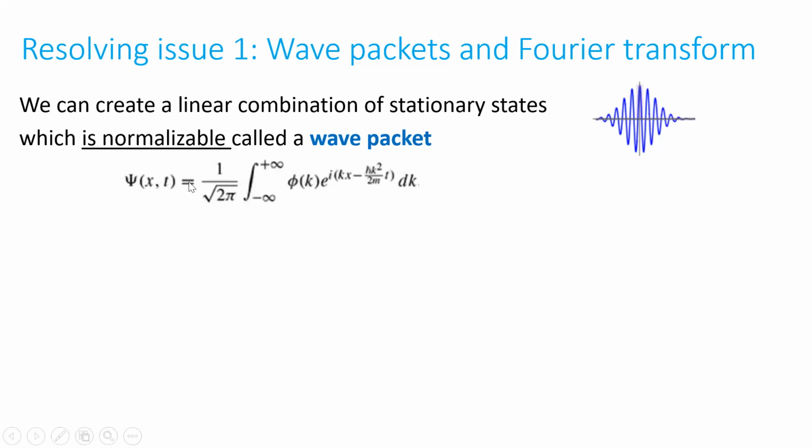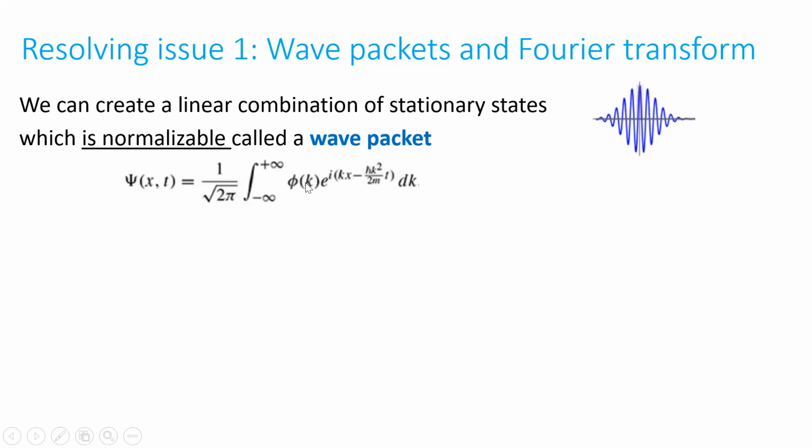This is what it would look like. The wave function at x and t would be our stationary state with the time dependence in, which is what we were looking at on the first slide, weighted by phi k, which is a weight we give to each of these stationary states.